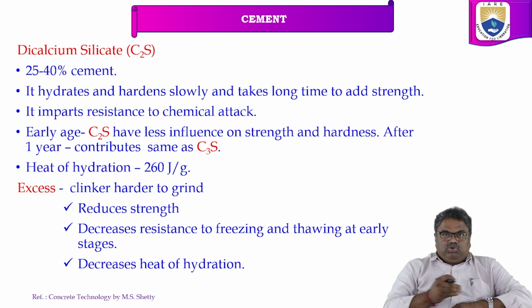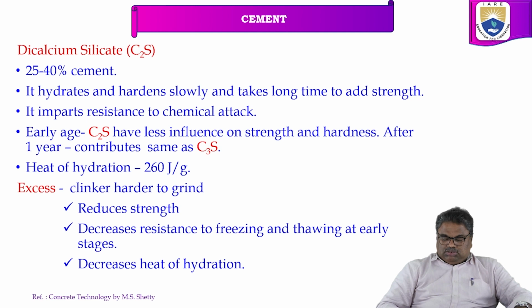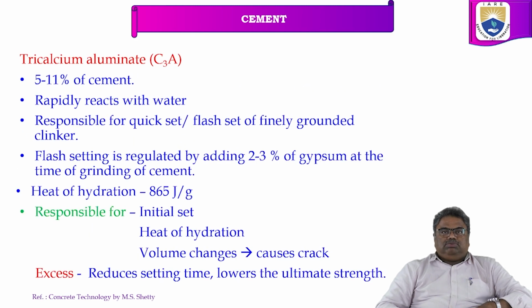The clinker is very hard to grind, it reduces the strength and decreases the resistance to freezing and thawing at early stages, and it decreases the heat of hydration. So this is about dicalcium silicate.